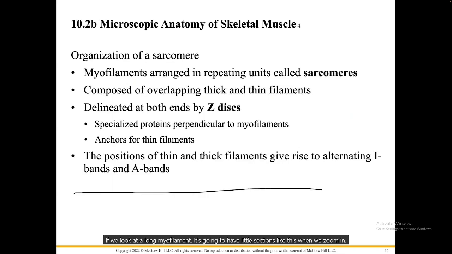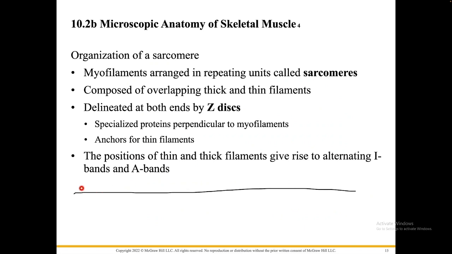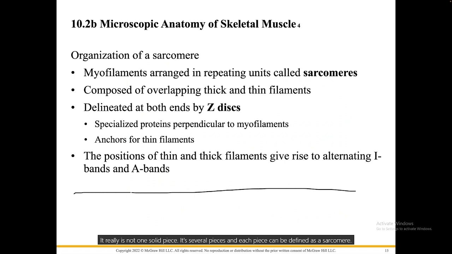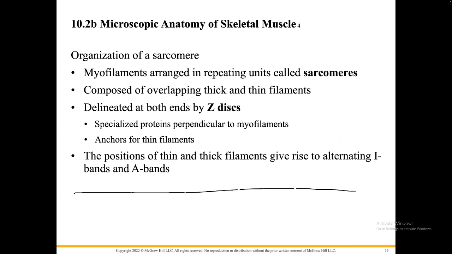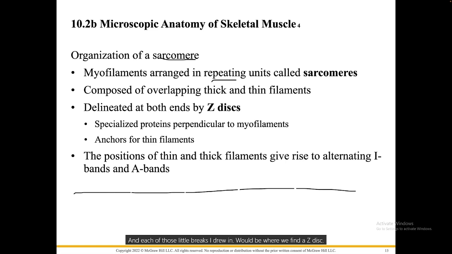If we look at a long myofilament, it's going to have little sections like this. When we zoom in, it really is not one solid piece. It's several pieces. And each piece could be defined as a sarcomere. A sarcomere is a segment. It's the repeating unit. And each of those little breaks I drew in would be where we find a Z-disc.